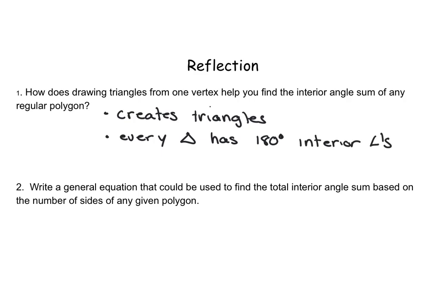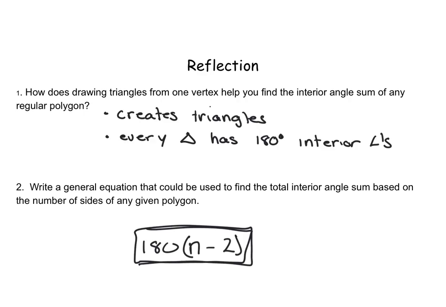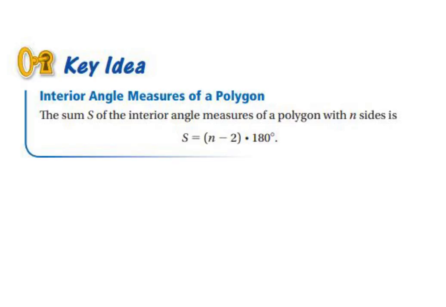Write a general equation that could be used to find the total interior angle sum based on the number of sides. That would be the n minus 2 times 180. So that is going to be your equation that you use for the rest of this lesson. And here it is, just again, as your key idea.